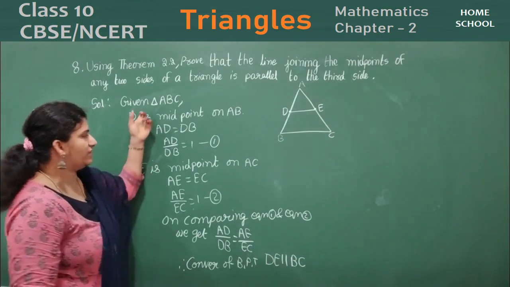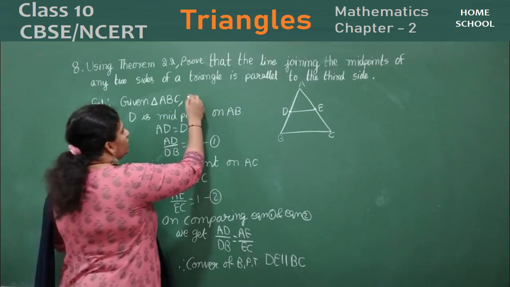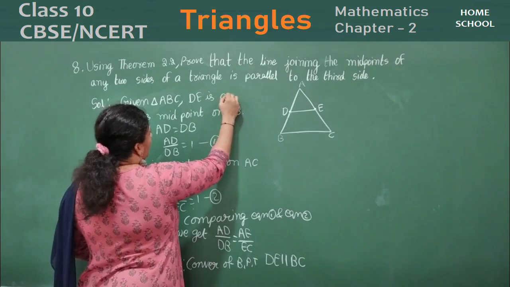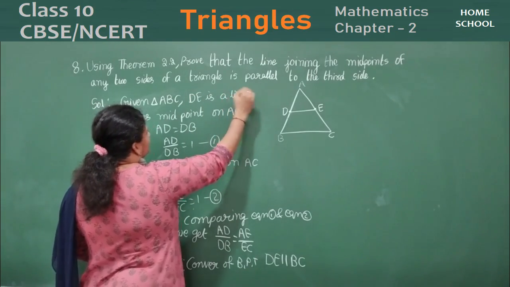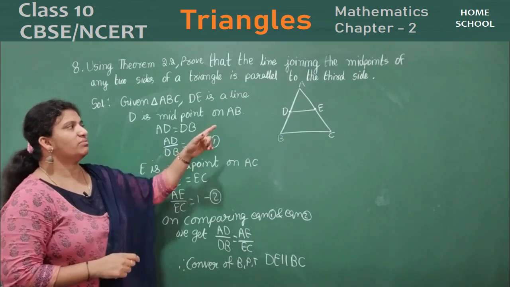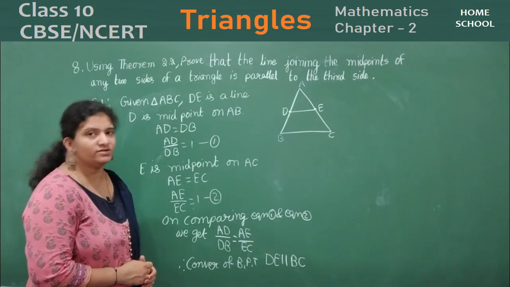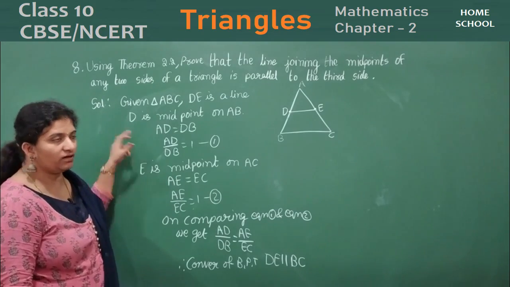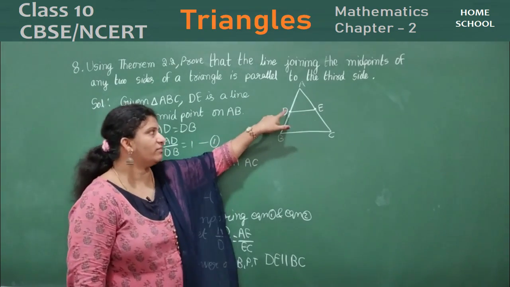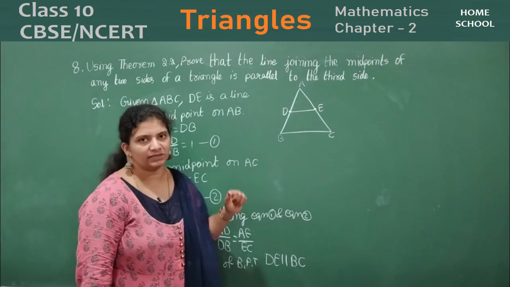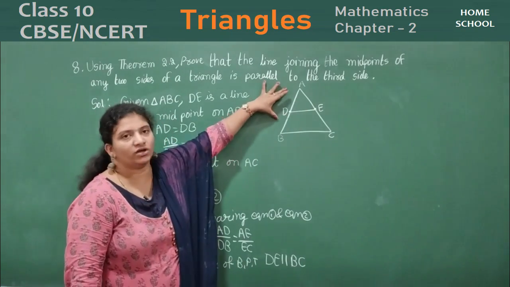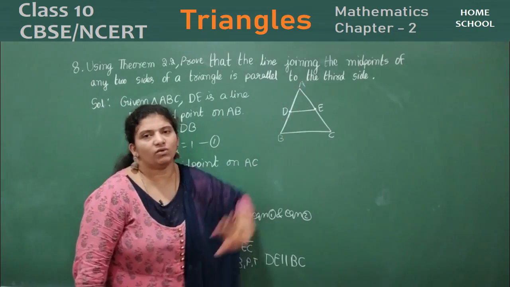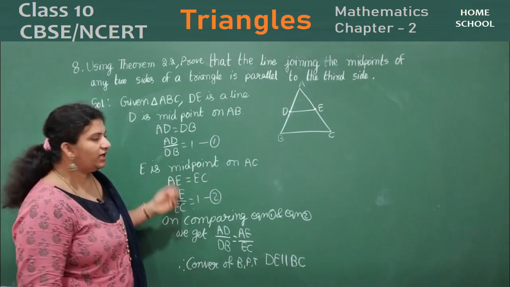See here, children, in the given data, if you want, you can write DE is a line segment joined from the midpoints of the other two sides. Once again I am going to repeat. D and E are the midpoints of two sides. If D is the midpoint, what can you say? AD equal to DB. If E is the midpoint, AE equal to EC. So you have made two equations.